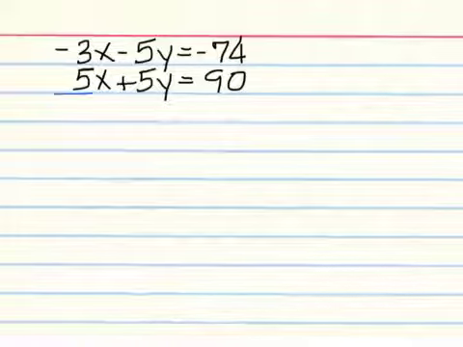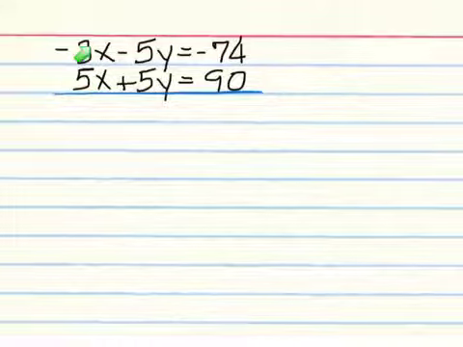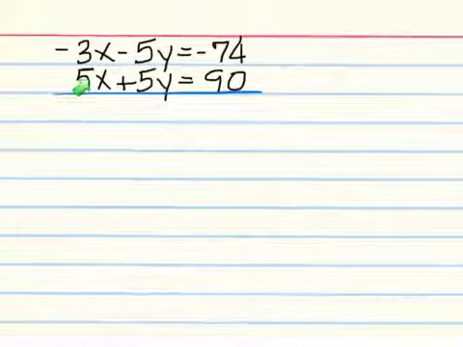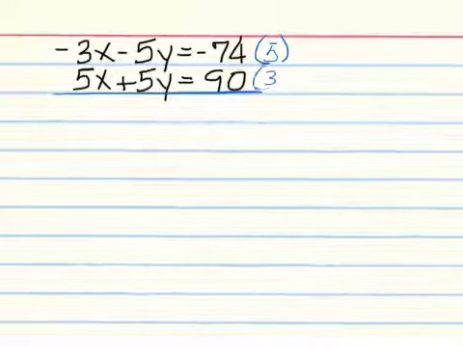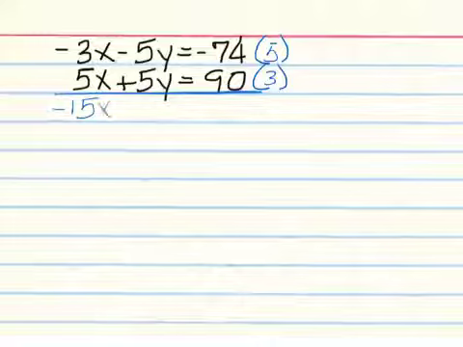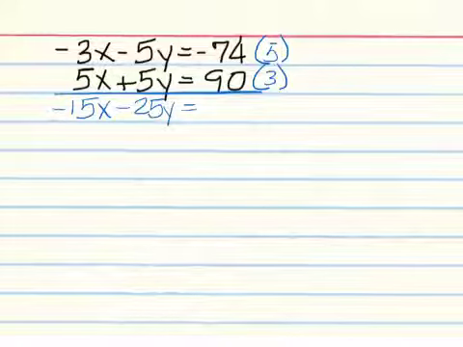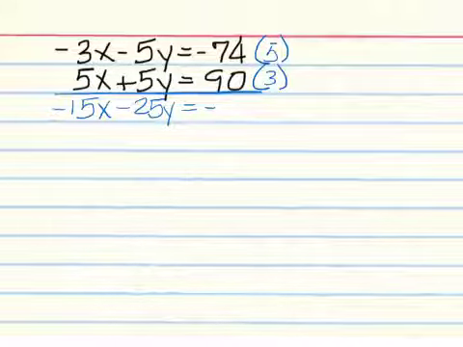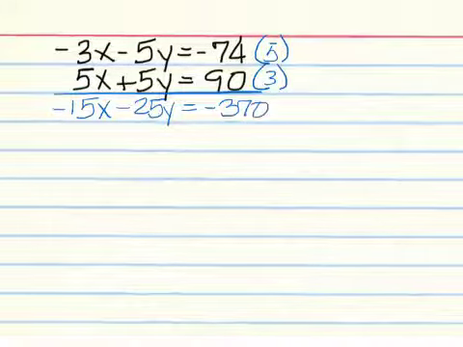The solution for the practice problem is that you have a 3 and a 5, so the least common multiple is 15. Multiply the top by 5, bottom by 3. When you do that, you get a negative 15x minus 25y equals a negative 370.